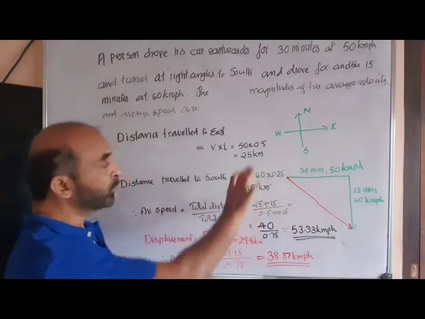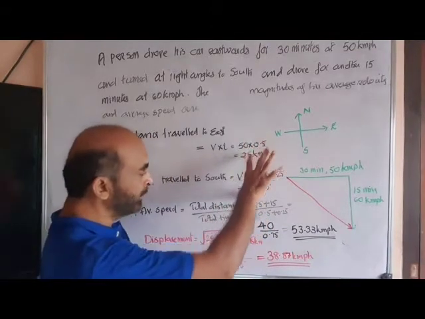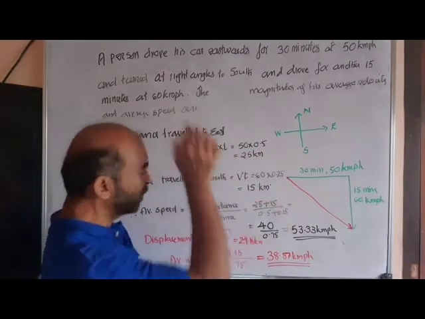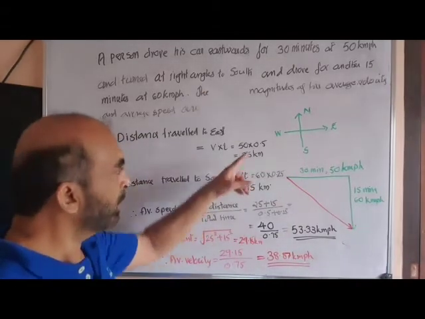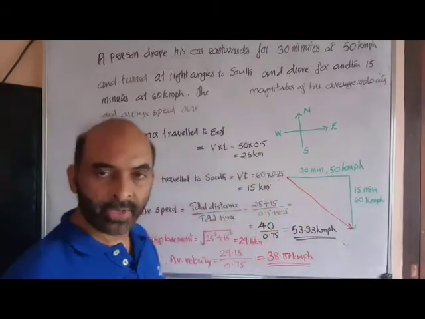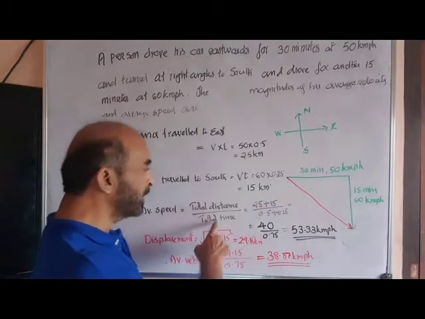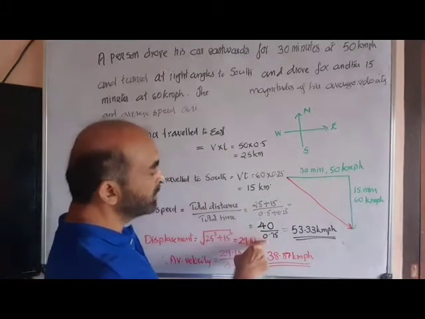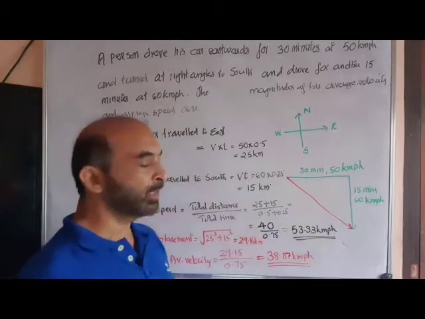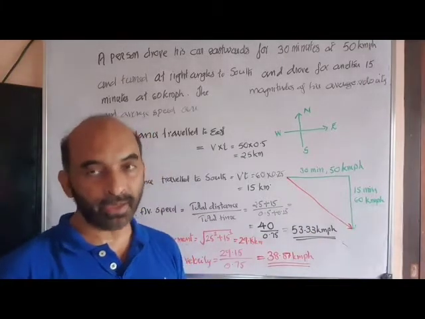So the total distance traveled is 25 plus 15. And the total time, 0.5 plus 0.25 hour means 0.75 hour. So total distance by total time gives you 40 by 0.75, 53.33 km/h.